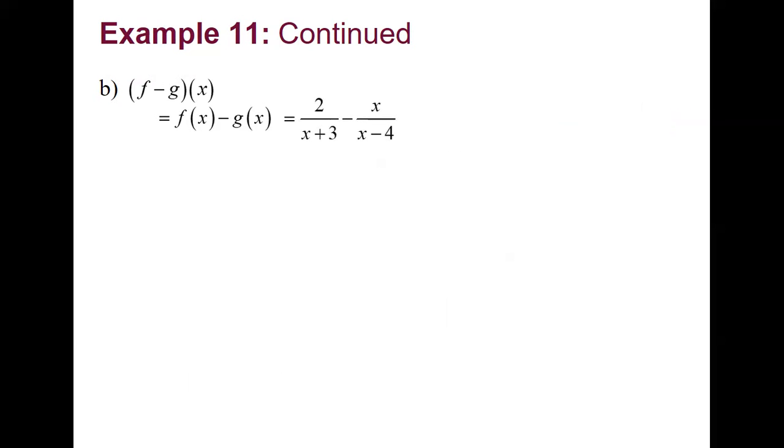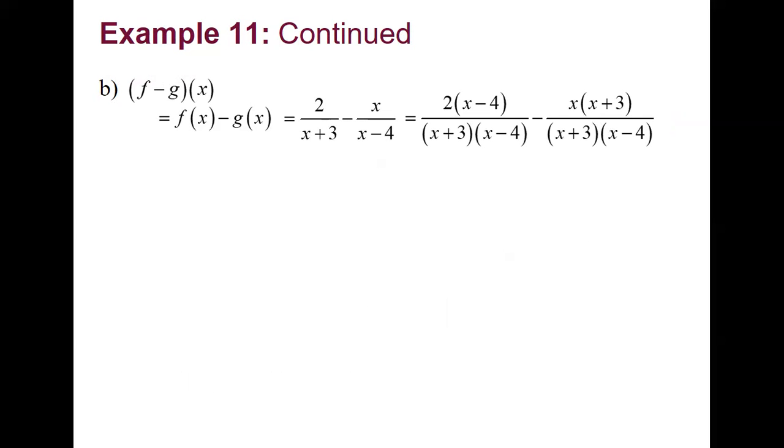And so same thing with subtraction. Again, denominators aren't the same. So what are we going to do? Multiply, so we have a common denominator. Notice this time, you're going to distribute your negative. So when you're distributing the x, it's actually going to be a negative x, because it's subtraction.